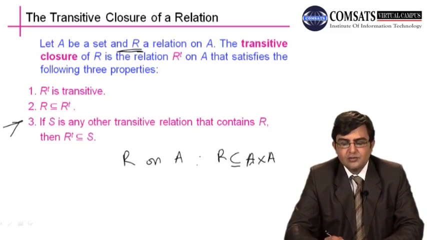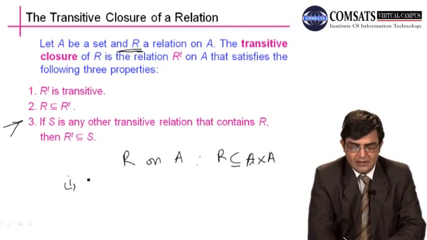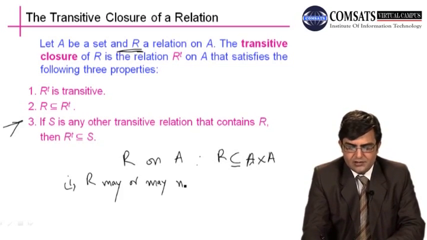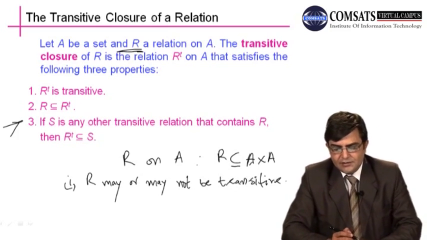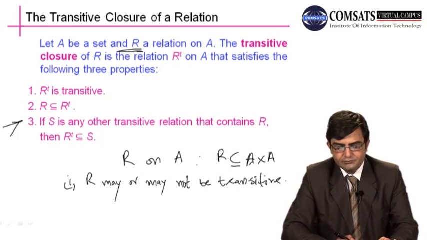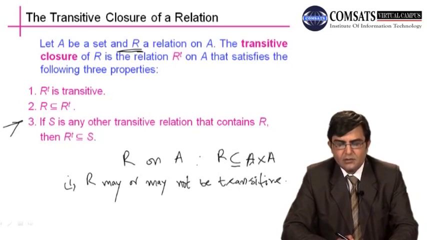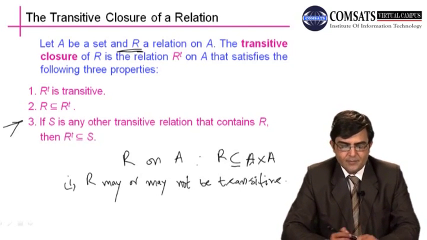One thing to remember here is that R may or may not be transitive. So R is a relation on A, a subset of A cross A, and then we are going to find the transitive closure of this relation R.